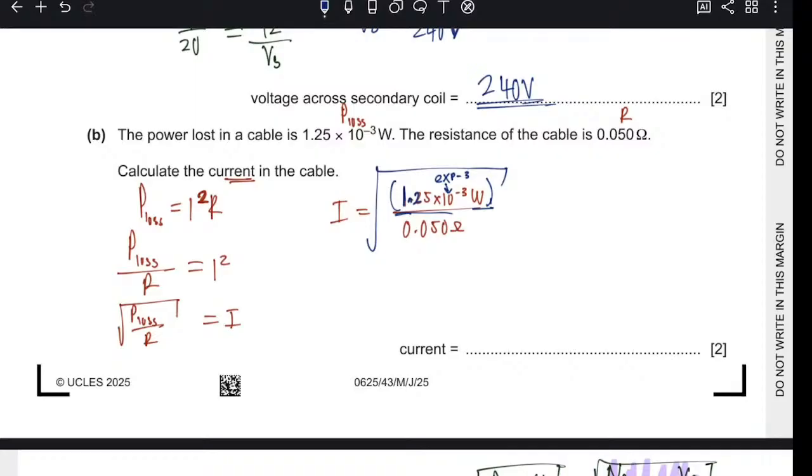Which one? You mean in the calculation or the answer? Negative 3. Negative 3. 1.25 exp negative 3 in brackets, then divide by 0.050. What answer are you going to get? Tell me.